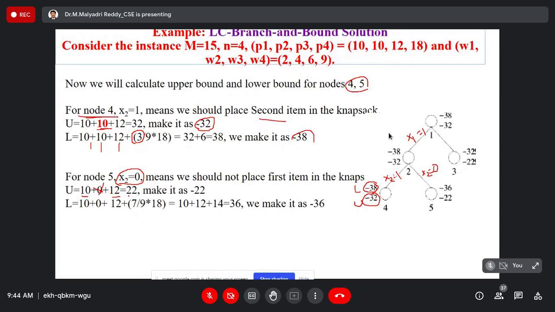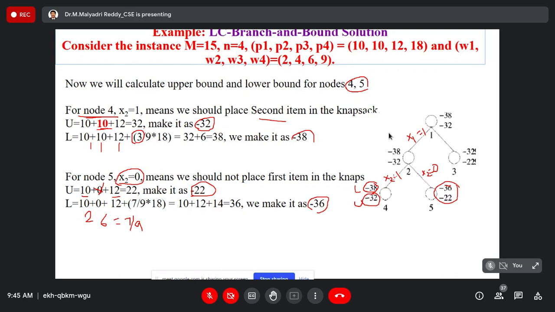So 10 plus 12 is equal to 22, and it is represented as minus 22 as its upper boundary. Similarly, for the lower boundary, the first object is included, its weight is 2, the second object is 0, the third object is 6, so 2 plus 6 is equal to 8. The capacity of the bag is 15, so 7 units come from the fourth object, then the corresponding profit is added, so that is minus 36. These are the upper and lower boundaries of the live nodes 4 and 5.